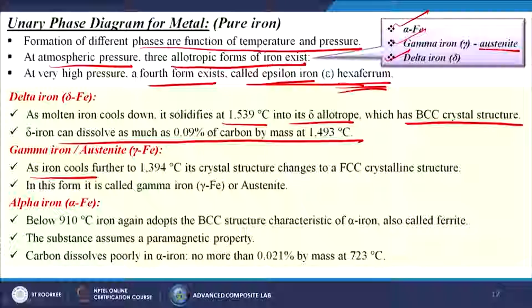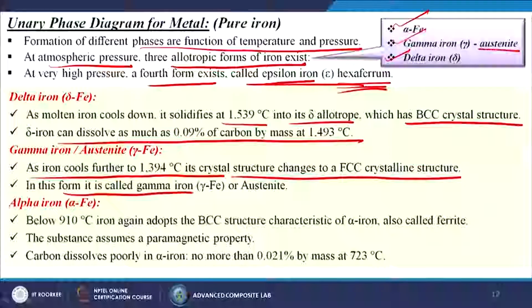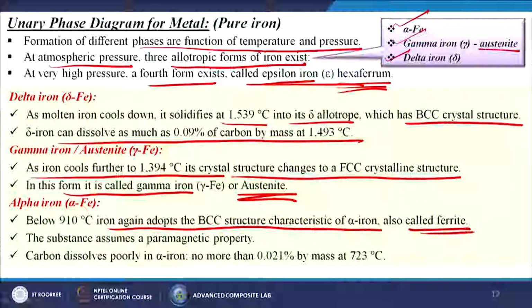As iron cools further to 1394 degree centigrade, its crystal structure changes to FCC. In this form it is called gamma iron or austenite. And what is alpha iron, or alpha Fe? Below 910 degree centigrade iron again adopts the BCC structure characteristic of alpha iron, also called ferrite.